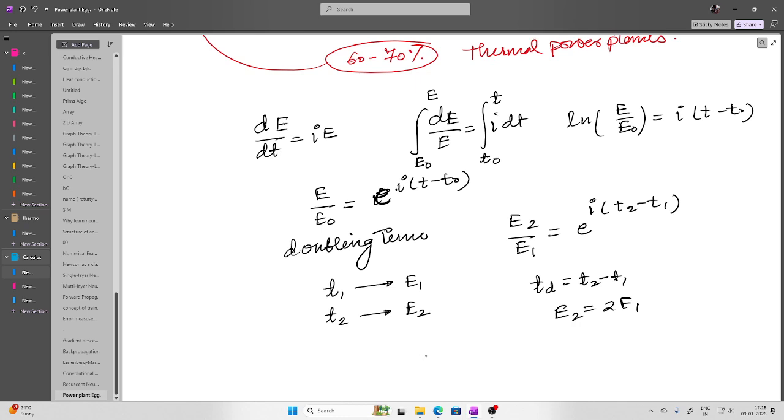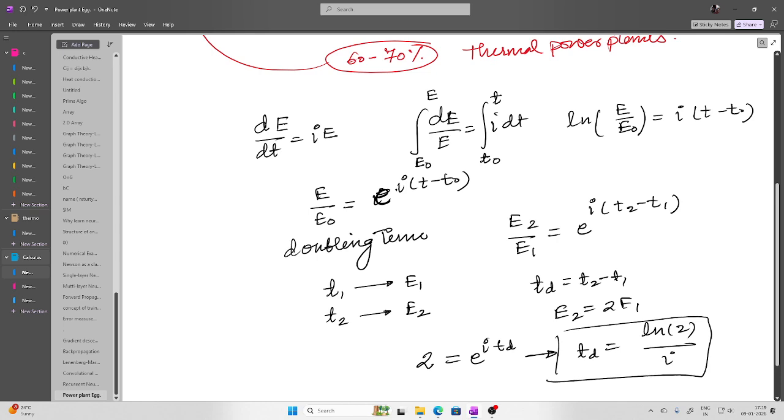Therefore, 2 is e to the power I td, or the doubling time is natural log of 2 divided by I. Using this simple expression, for various rates of increase in electricity production per year, the doubling time can be evaluated.